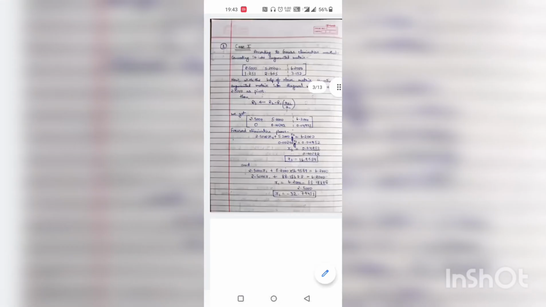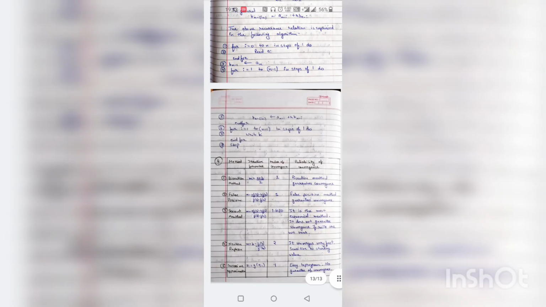Question 4 says compare the iterative methods of root finding with comments on reliability of convergence. Here is a table for comparison. The columns of the table are method, iterative formula, order of convergence, and reliability of convergence. The first method is bisection method.